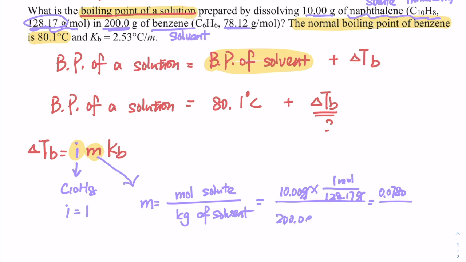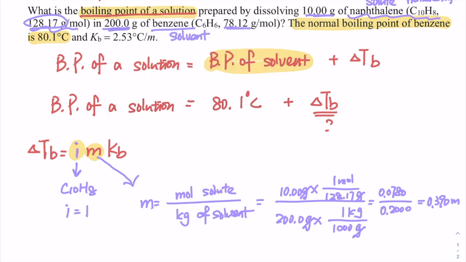That's an easy job with the conversion factor, 1,000 grams equals 1 kilogram, so the denominator will be 0.2. Doing the calculation gives us 0.39 molality.